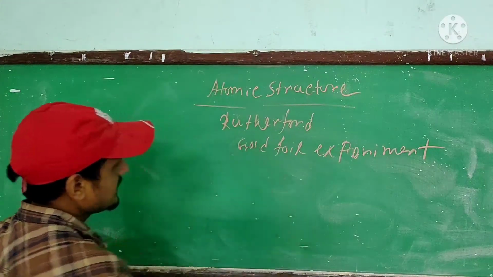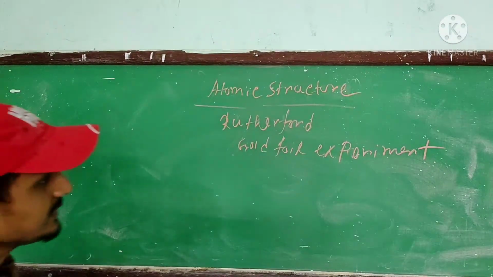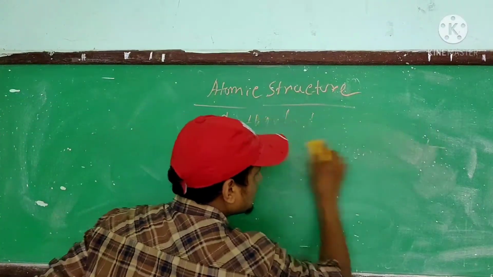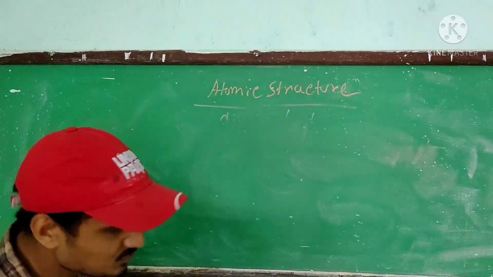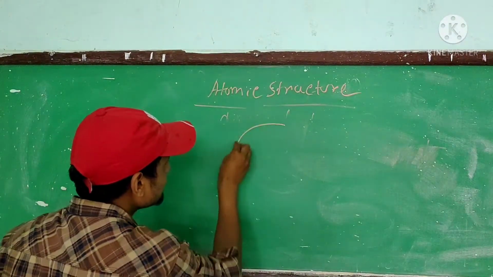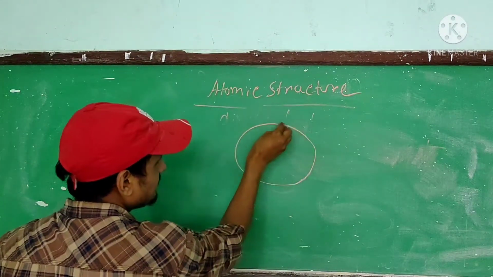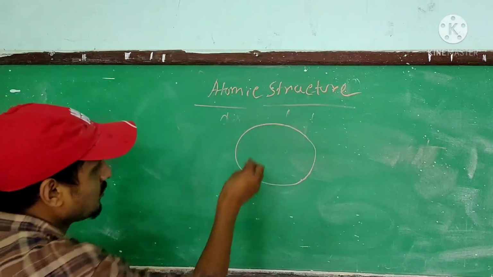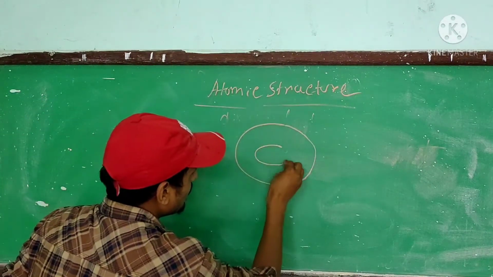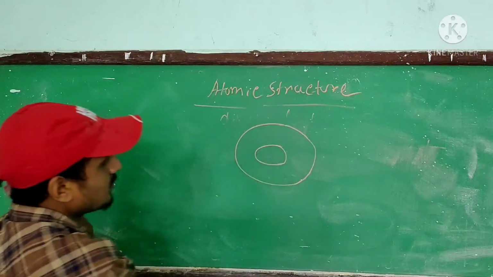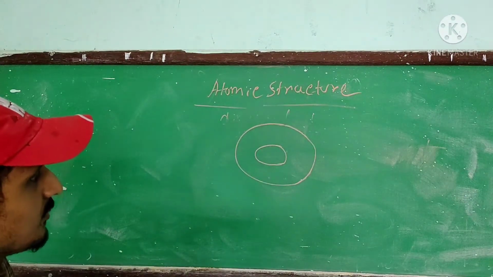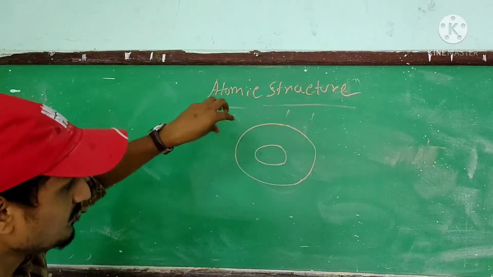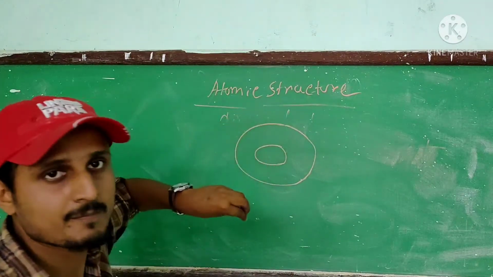From his gold foil experiment, he observed that atoms will look like a circle like this, and in the middle of that circle, one center will be there where most of the mass of the atom will be concentrated.